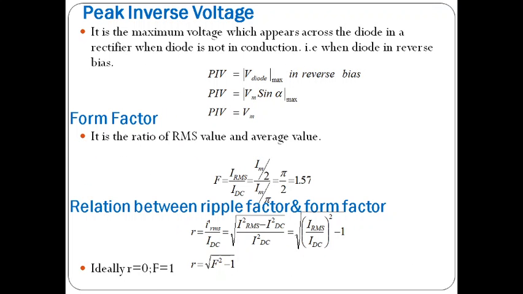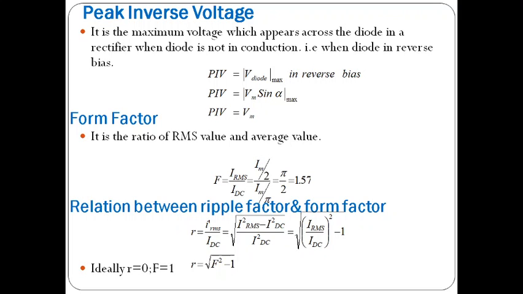Peak inverse voltage. It is the maximum voltage which appears across the diode when the diode is in reverse bias, otherwise when the diode is not conducting.